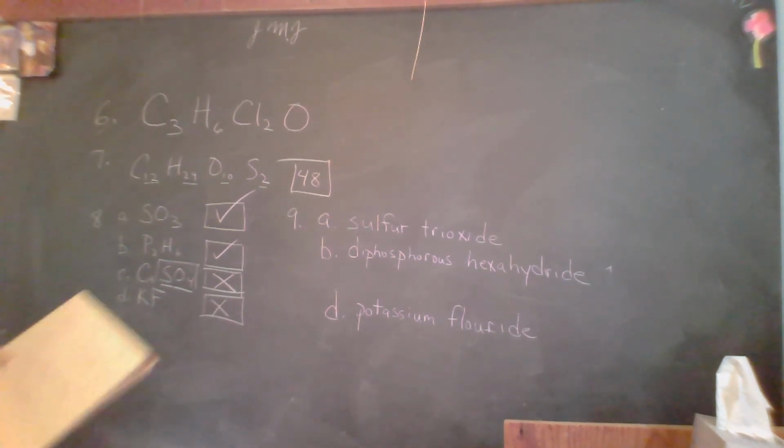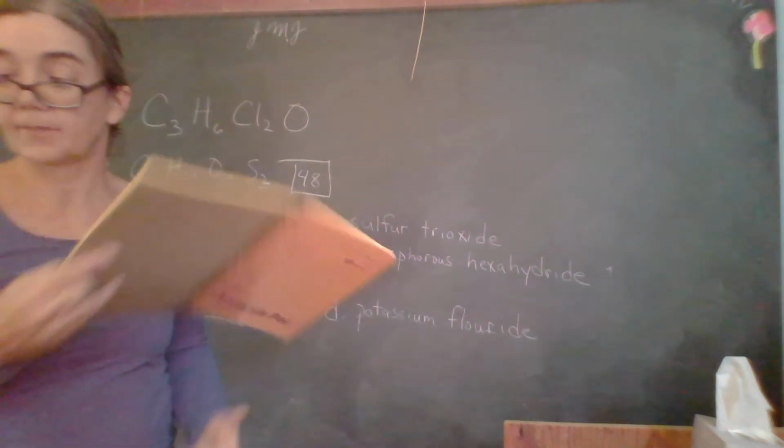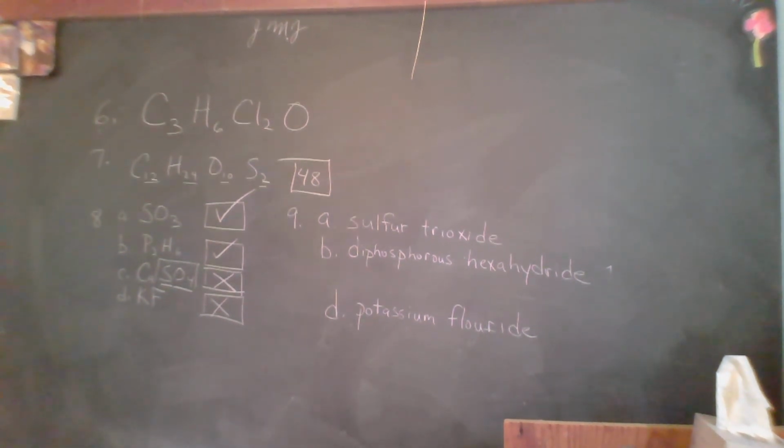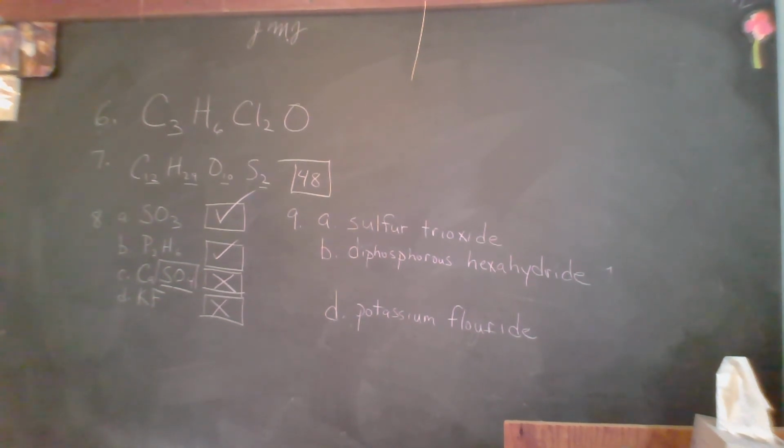So you're going to call it potassium fluoride. The next atom should have an "ide" for the ending. That's what it says on page 90, rule number 2 for ionic compounds.